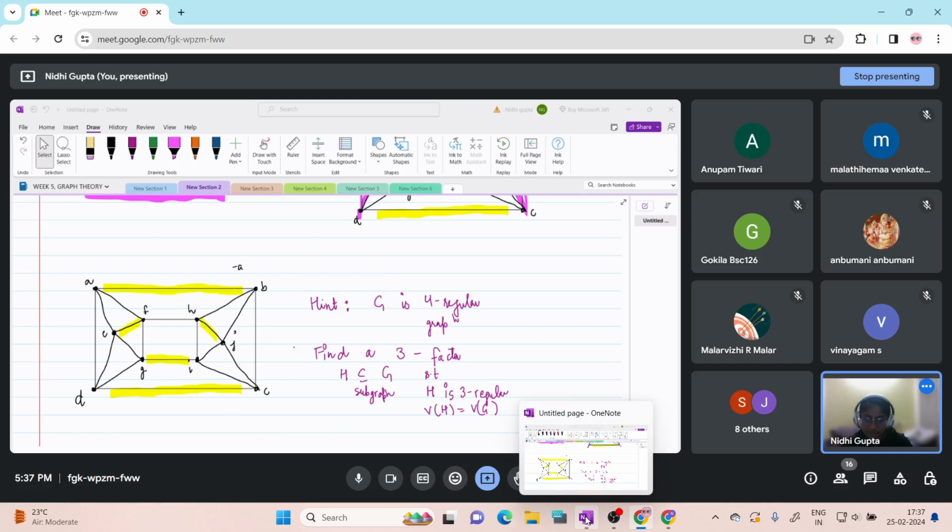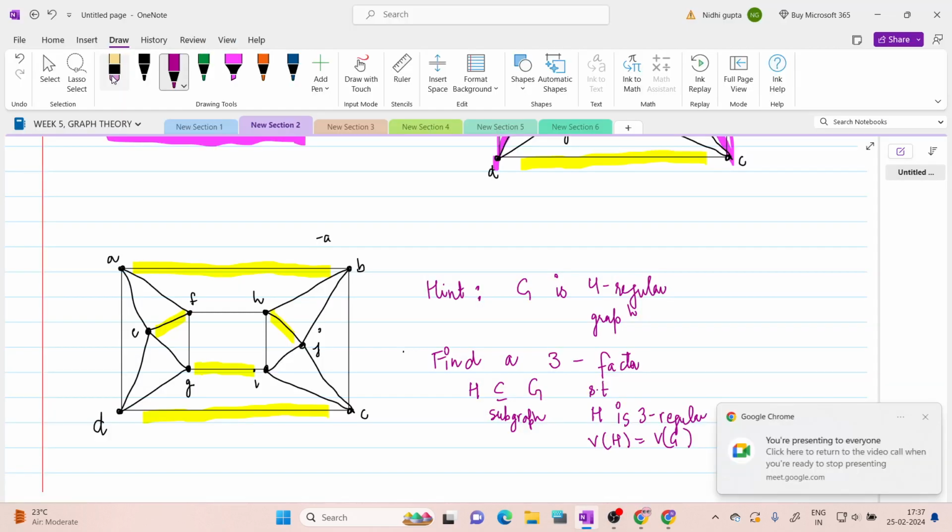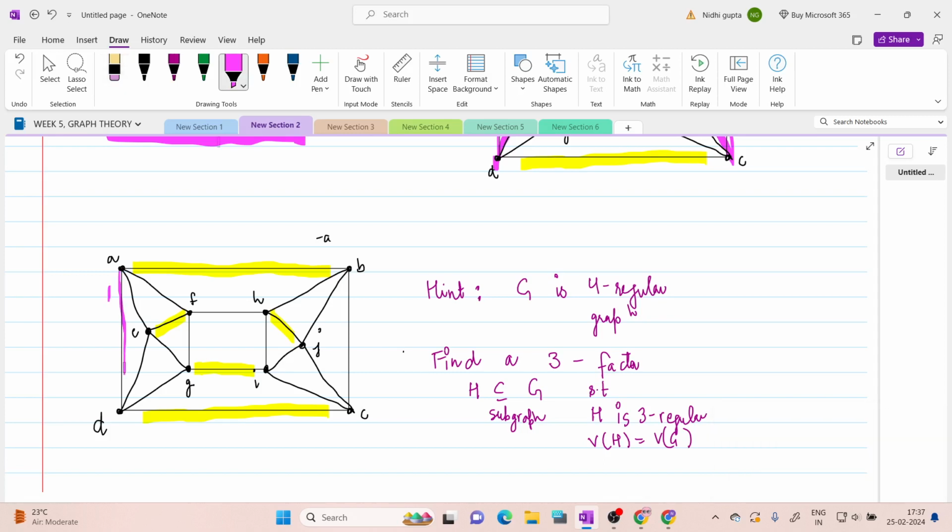Then we remove GF. If you remove AD, then GF. Yes, okay. Then you remove IC. Okay.